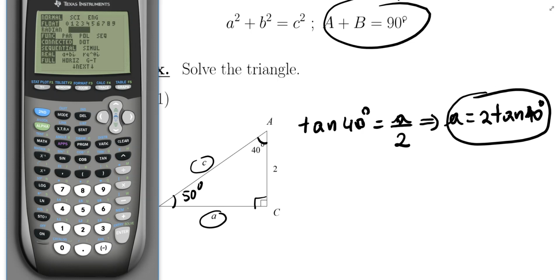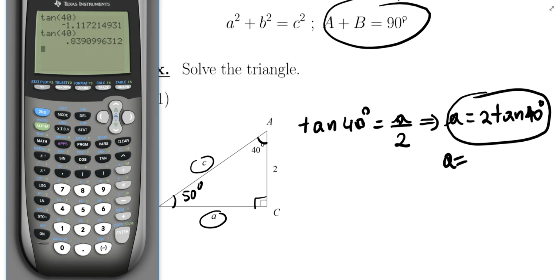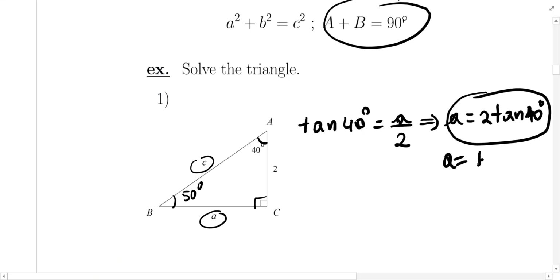Now I go back to calculating tangent of 40 degrees. It's 0.839, so A equals tangent of 40 degrees times 2, and I get 1.68. If this was in your quiz or in the test, the earlier form will be the accepted answer. You don't need to use a calculator.